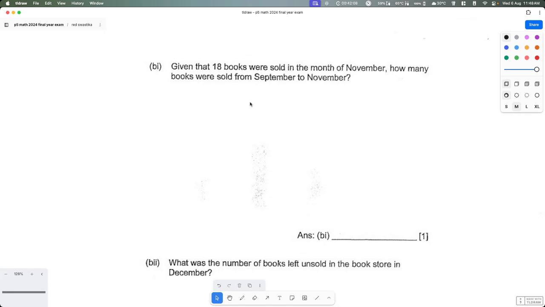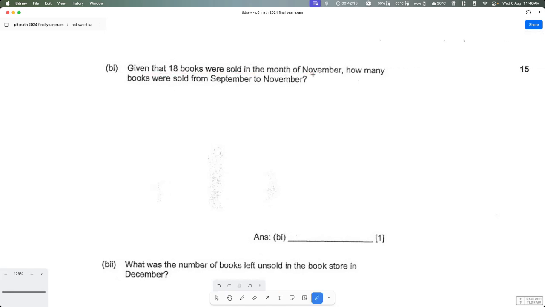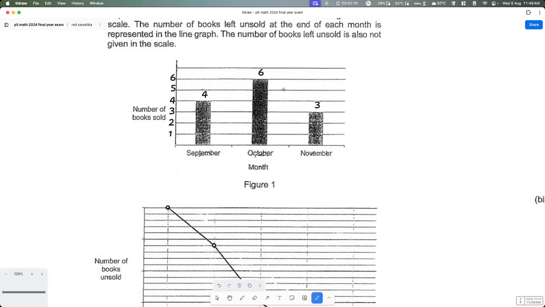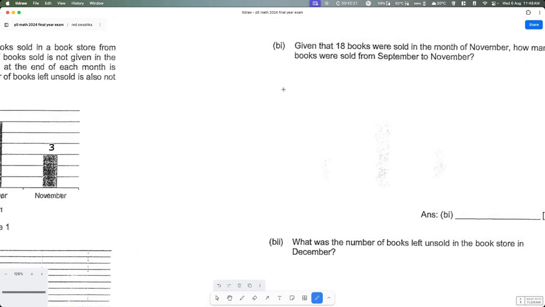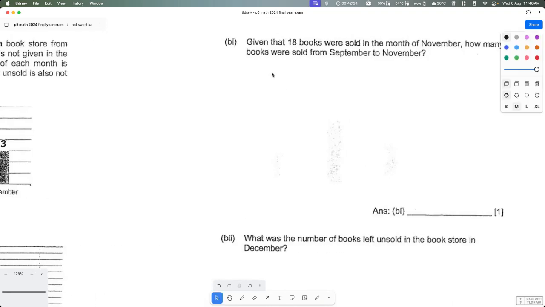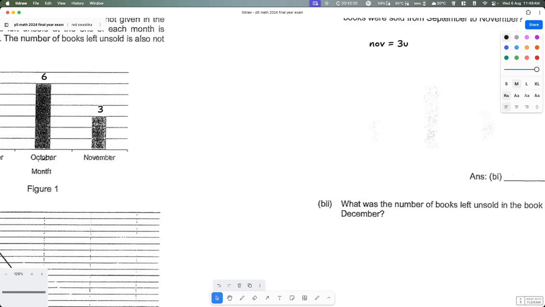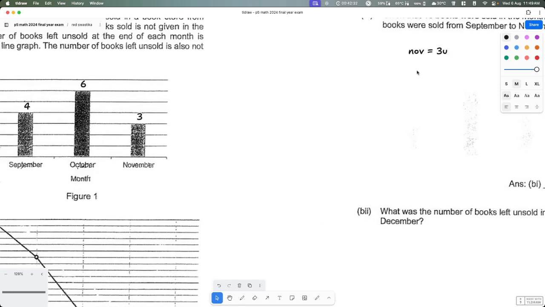Part B, part 1. Given that 18 books were sold in the month of November, how many books were sold from September to November? We know that November will be 3 units, October will be 6 units, and September will be 4 units.